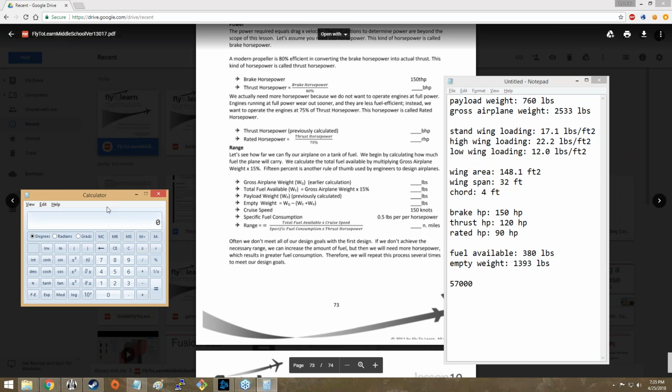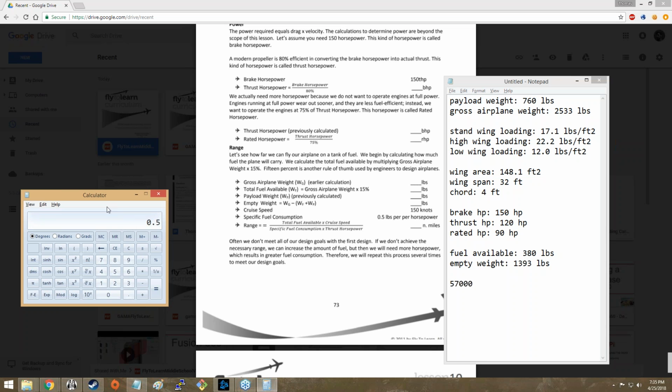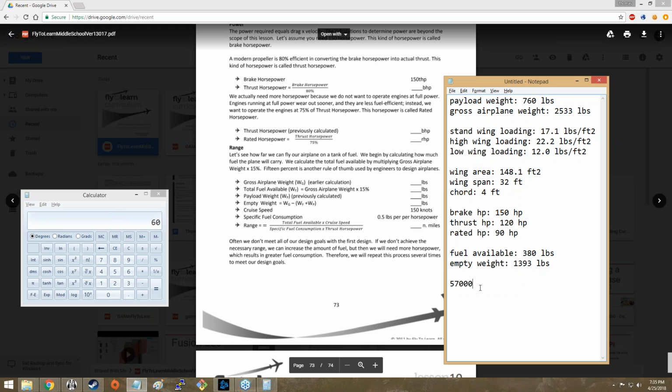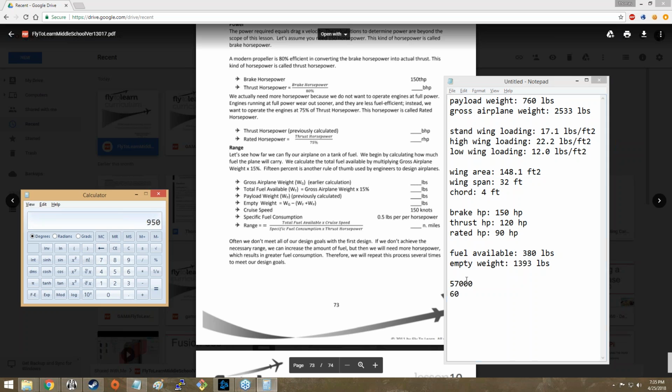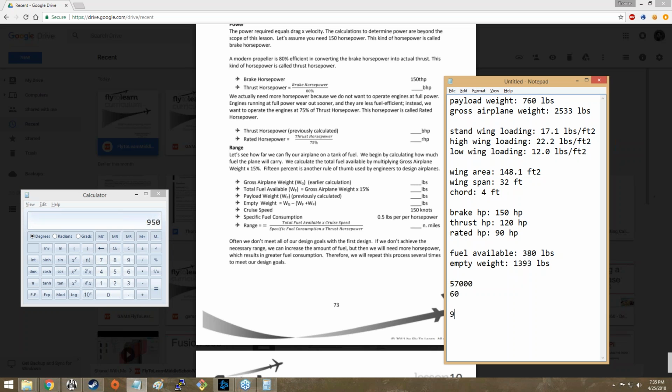Then we've got our specific fuel consumption, which is 0.5, times the thrust horsepower, which is 120 horsepower, which is 60. And then we do 57,000 divided by 60. And this gives us a range of 950 nautical miles.